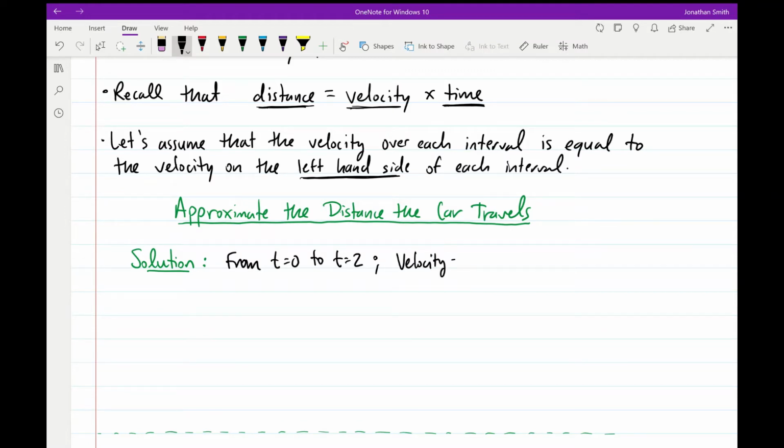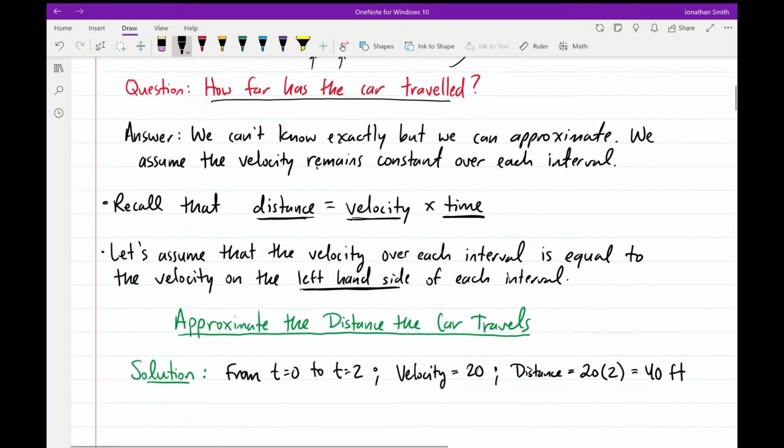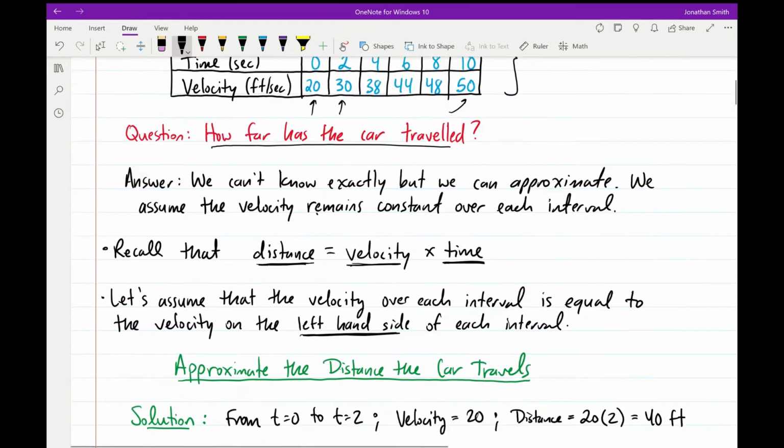So velocity equals 20. Now the distance traveled is equal to velocity times the time. So distance is equal to velocity, which is 20, times the time interval, which is 2, and we get a total of 40 feet. This covers the first interval from time equals 0 to 2.